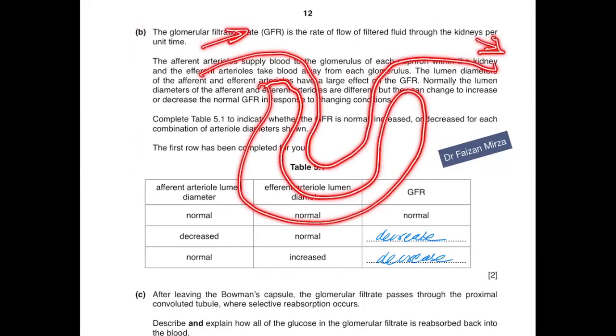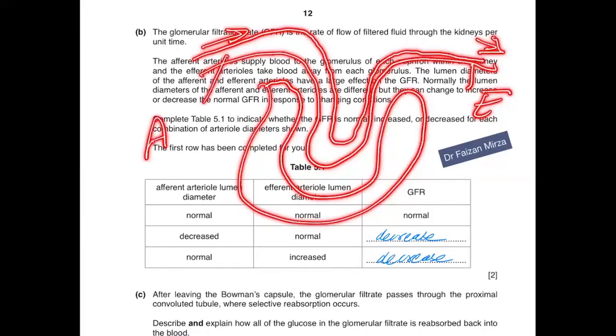What you already know is that the afferent arteriole is wider and the efferent arteriole is narrower. When the efferent arteriole is narrower, it allows more blood to get filtered, and the glomerulus will have a higher blood pressure, so more blood gets filtered out.